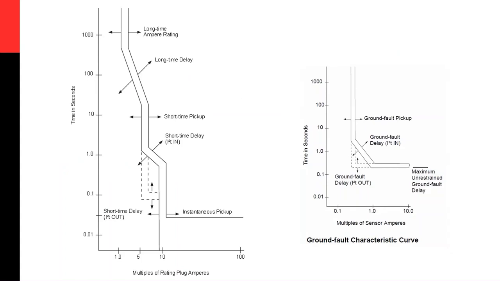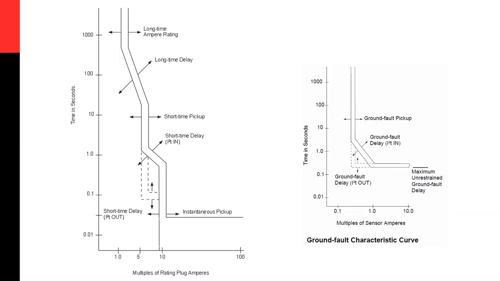Now, when we're saying curves, this is a typical curve for a low voltage circuit breaker. It explains all the different things. Specifically for an airframe circuit breaker, a molded case circuit breaker typically does not have a short time and typically does not have a ground fault.